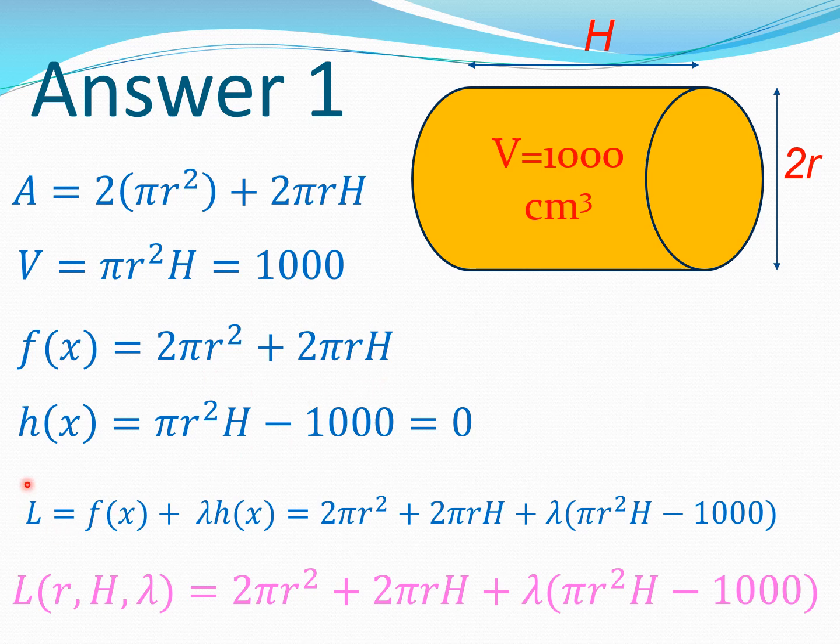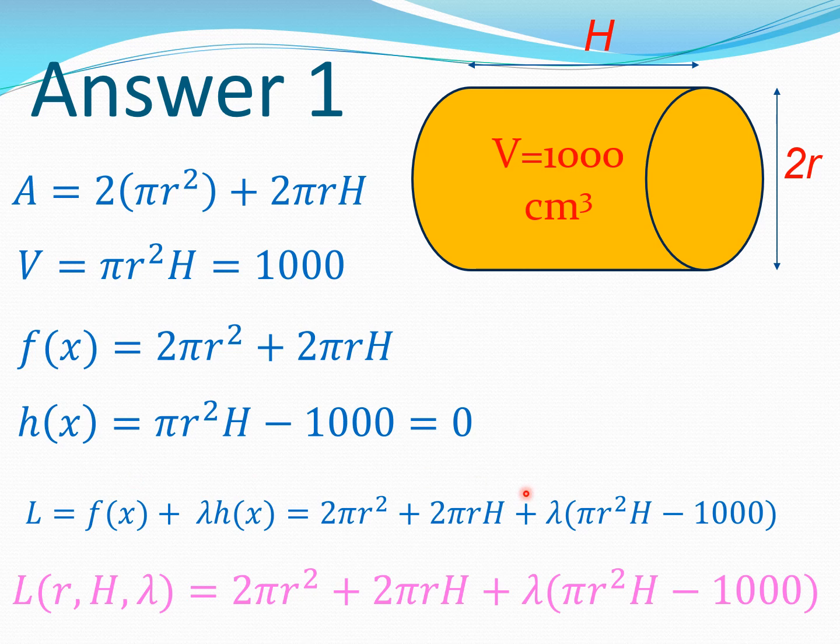So now what I do is I form something known as the Lagrangian or the Lagrange function, which is actually f of x plus lambda h of x, and lambda is known as the Lagrange multiplier. So then I expand this problem out. I get the f of x here, I get lambda, and I get the h of x here.